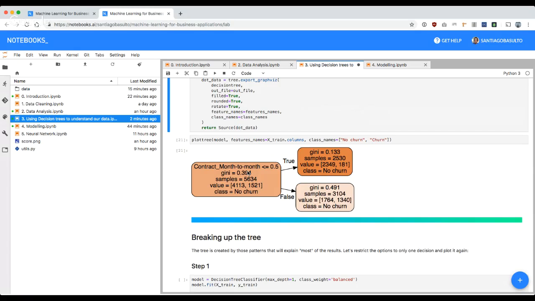A customer that is bound to a 1 year or 2 year contract will probably not leave. Someone that is on month to month is more likely to leave the company. So again, this is kind of obvious given the simple data set we have. But a decision tree is very quickly telling you which variables are important.